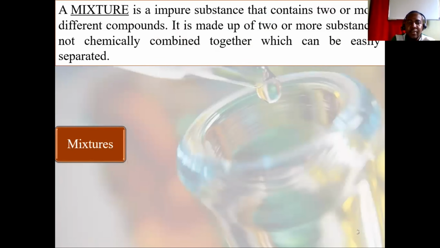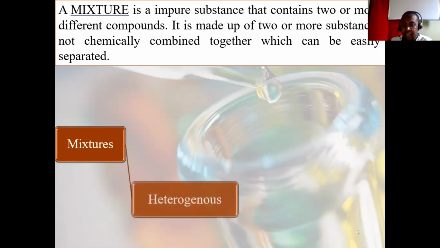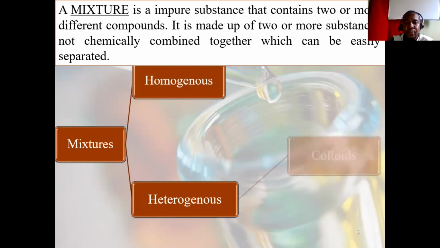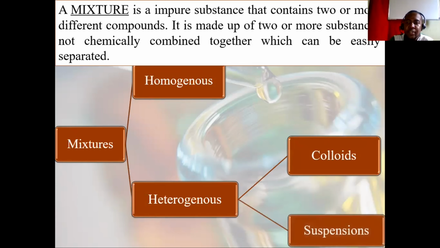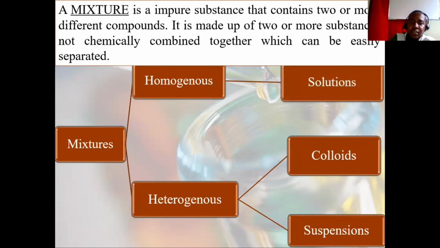We have two types of mixtures, which are homogeneous and heterogeneous. For heterogeneous mixtures, we have colloids or suspensions, which we're going to look at. And for homogeneous, we have our solutions.